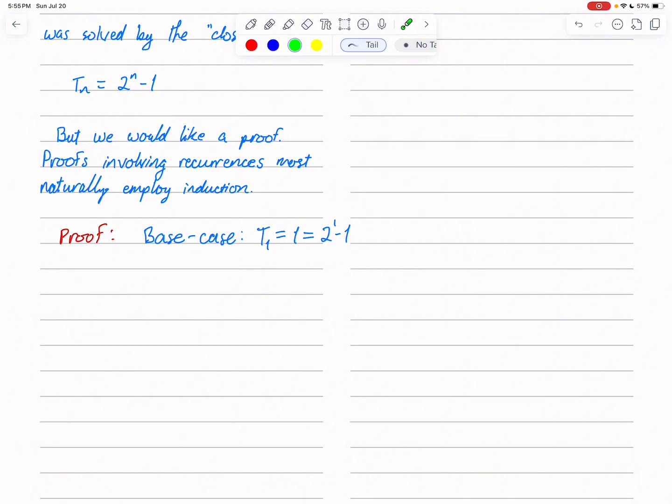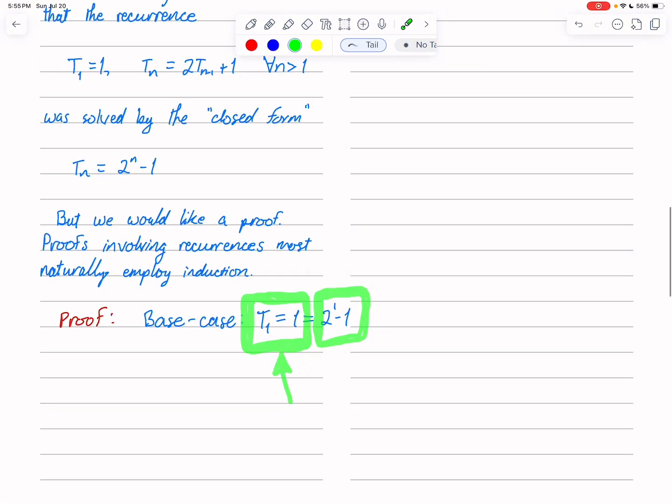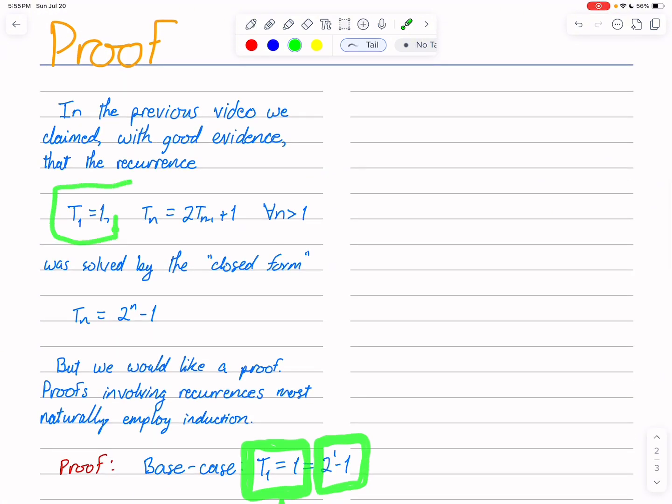And in order to confirm the base case, we need to confirm that what we know about t sub n when n is equal to 1 matches what we know about the formula when the formula has n set equal to 1. Well, by the definition of t sub n, one of the conditions is that when n is equal to 1, we get the value 1.